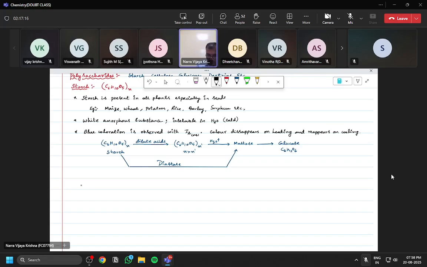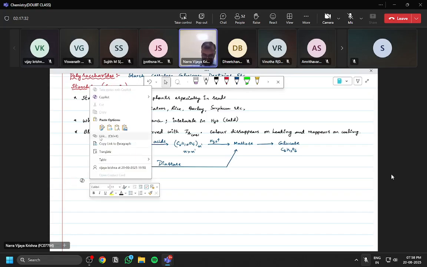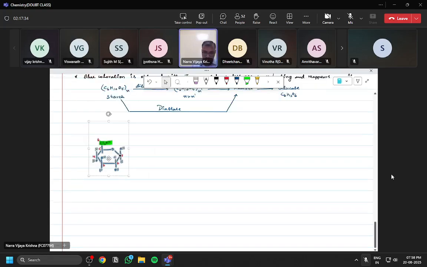Now, observe the structure of it. All are alpha linkages. All C1 carbons are linked with C4 carbons of the next chain. So I am taking glucopyranose. Oh, sorry, this is the beta form. Now this is the alpha form.